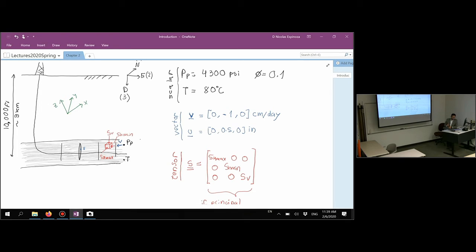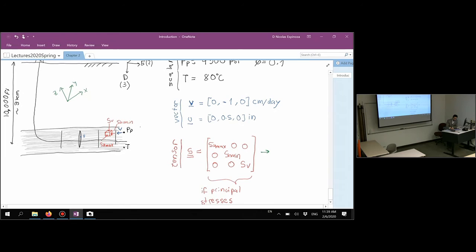But if you do that, if you write the stress tensor in that new coordinate system, it's not going to look as simple as the one that we just wrote. Because those principal stresses are not aligned with the directions of the coordinate system, it's going to look like this, in which the off-diagonal elements are not equal to 0.